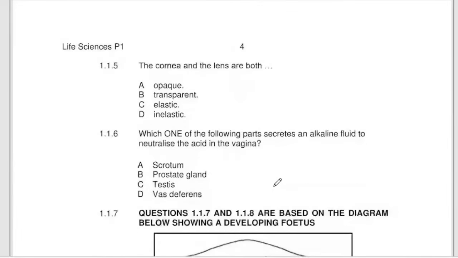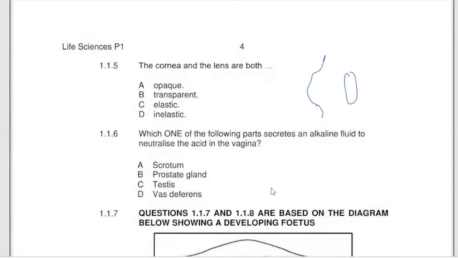Then you go to the next question, 1.1.5. They're saying that the cornea and the lens are both: opaque, meaning they don't allow light to go through; transparent, they allow light to go through; elastic, they can extend themselves; or inelastic, they can't.